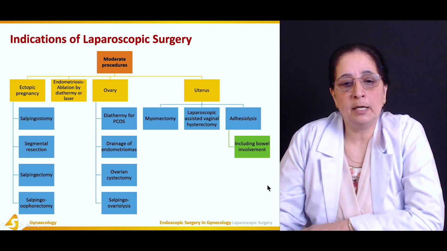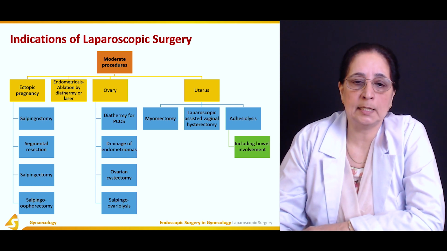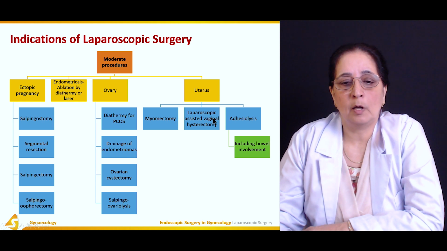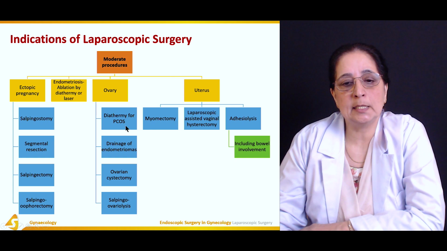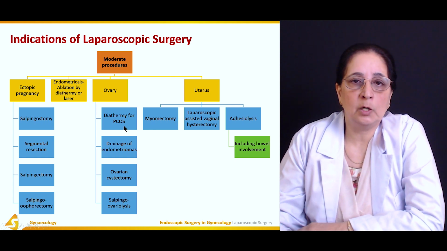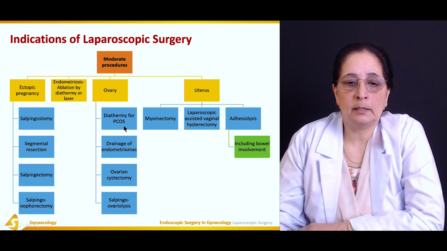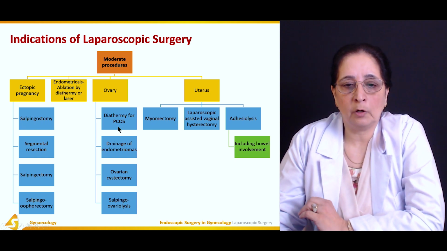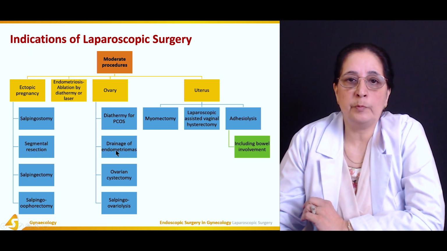In the ovary, it can be used for polycystic ovarian syndrome, or PCOS, in which multiple cysts are produced in the ovary. Diathermy can be done for polycystic ovarian syndrome, in which cysts can be burned or treated. Then there is drainage of endometriomas.